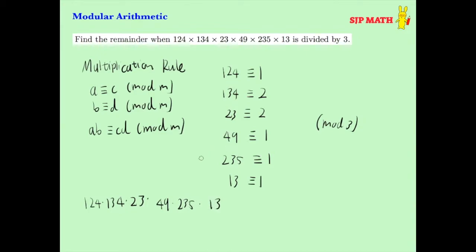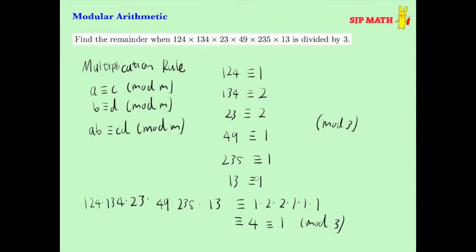Did I get all the numbers? Yes. It's congruent to 1 times 2 times 1 times 2 times 2 times 1 times 1 times 1. And this simplifies to 4. And 4 has a remainder of 1 when divided by 3, so this is congruent to 1 mod 3.